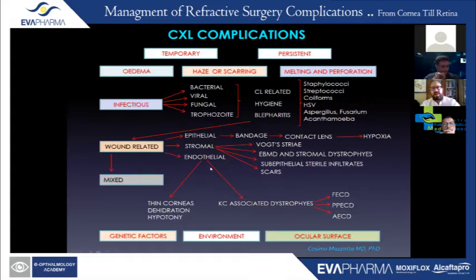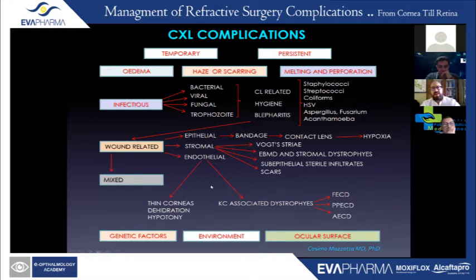In particular, the stromal involvement could occur if we have corneal opacity preoperatively, also Vogt striae, marked evidence of striae, or something like corneal dystrophies that were not diagnosed, or a scarring process.